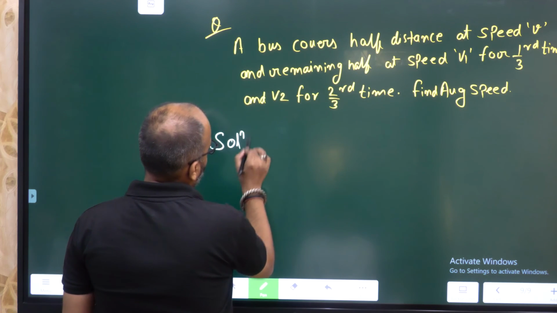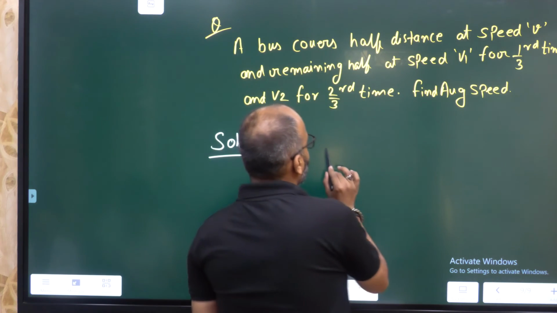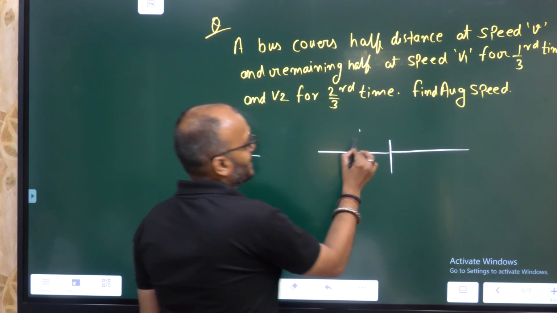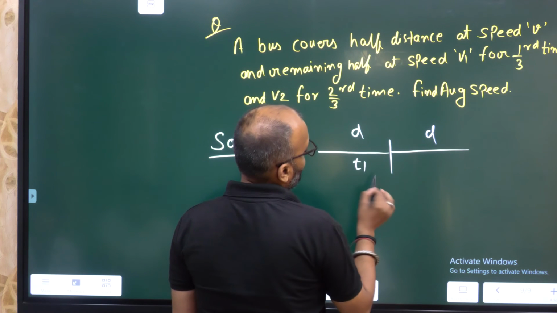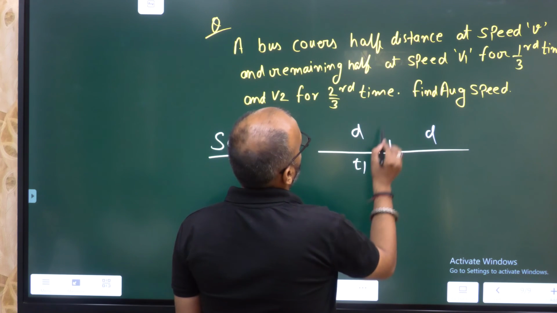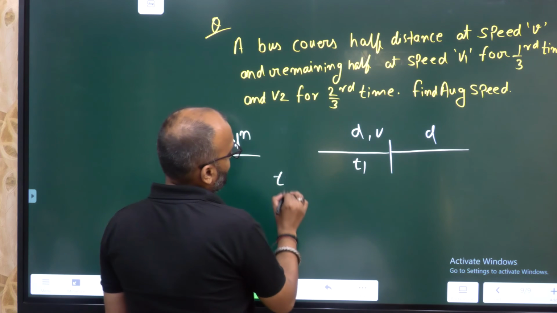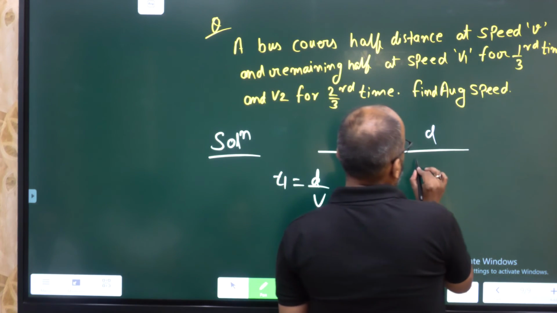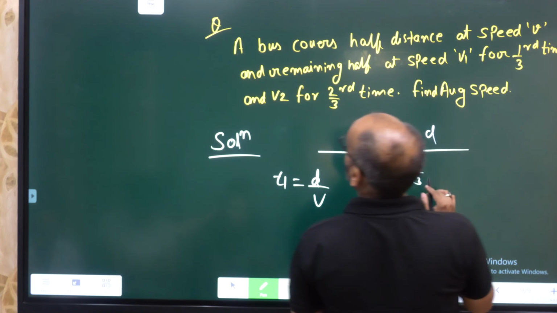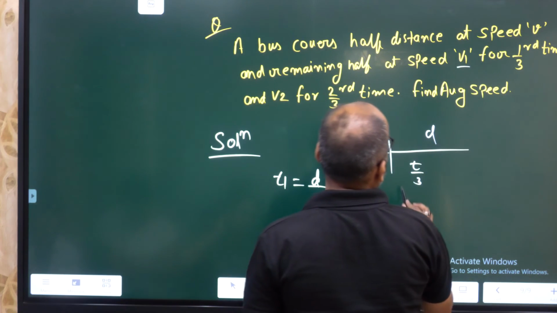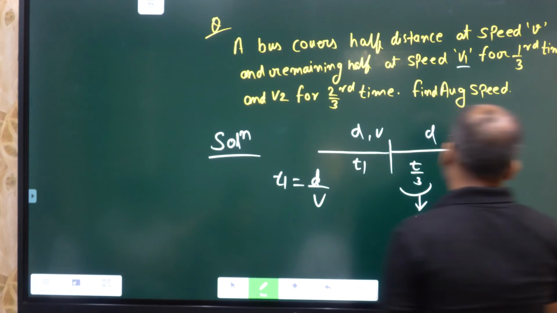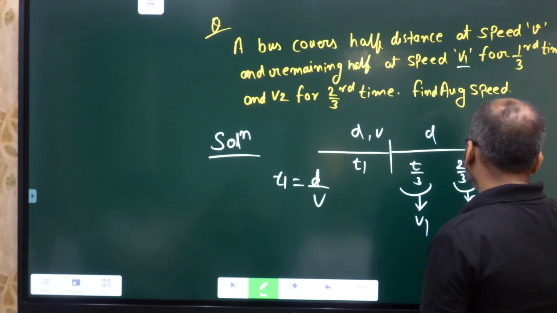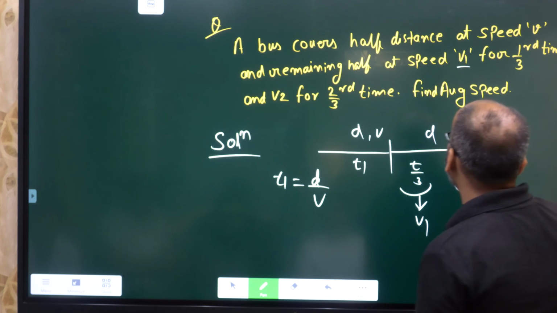Anyway, D, T1, and what's the speed? V. So T1 will be D upon V. Coming here, T upon 3 with V1 and 2 upon 3 T. Anyone who doesn't understand why I have taken 2 upon 3 T?